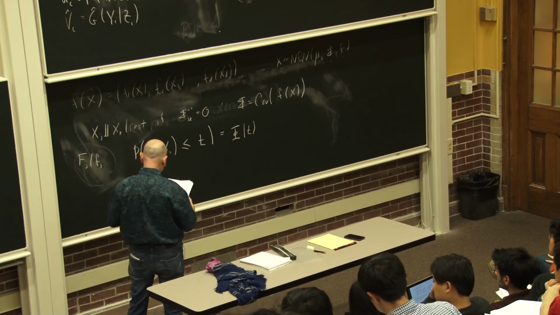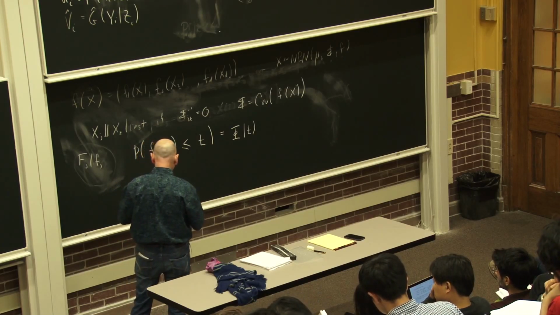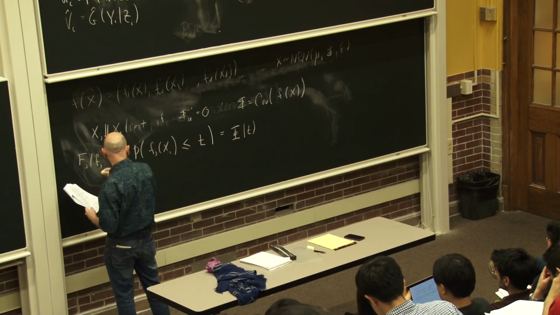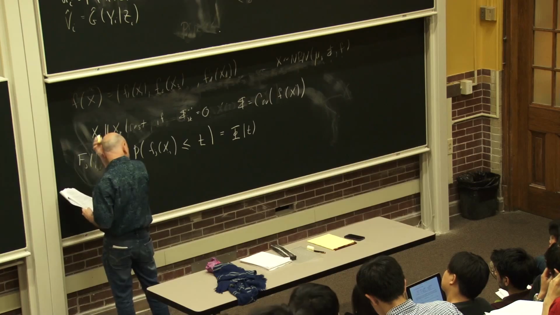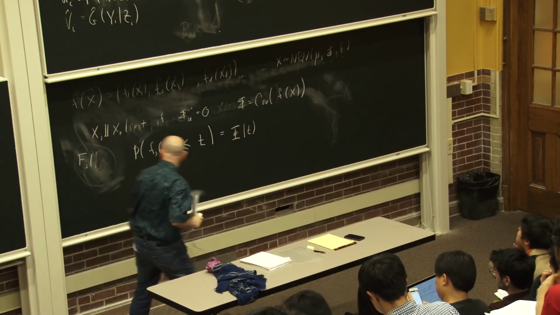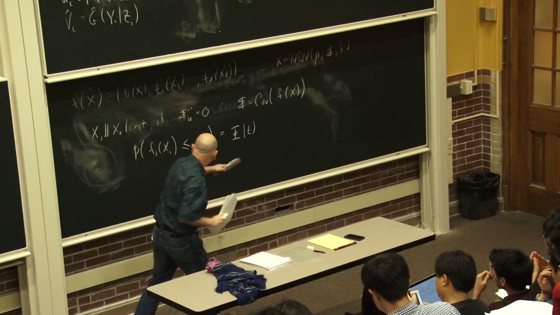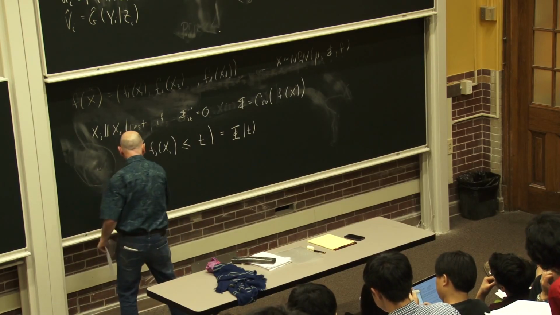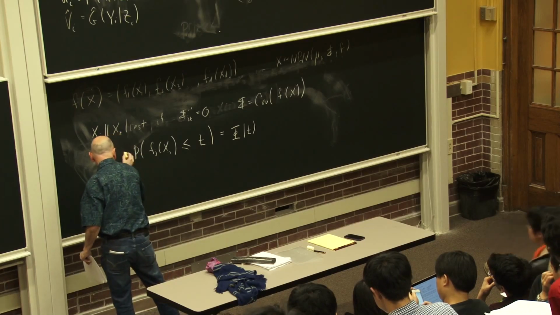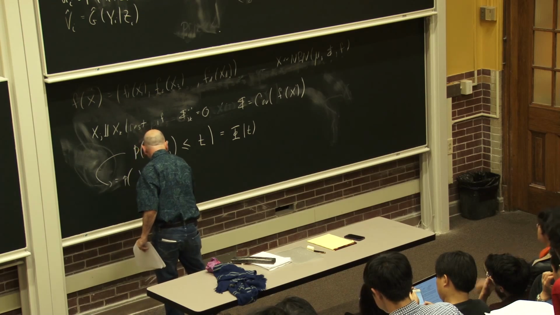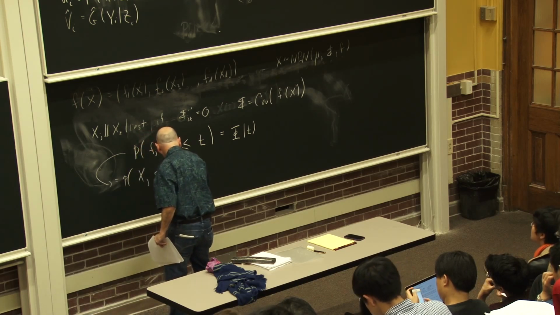Sorry, let me rewrite this so it's clear. This is the normal, and this is just saying that after applying the transformation, it's normal. Okay, this is equal to the probability that xj is less than or equal to fj inverse.